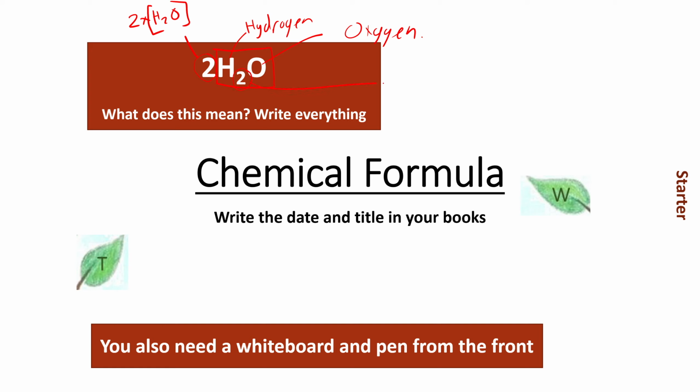Because it comes directly after the H, that means that I've got 2 H's. So H2 equals, well, I've got a H and a H, right? So if I was to draw every atom, I've got a H, a H, and an O. They are the 3 atoms that are present in water. Right, let's continue.